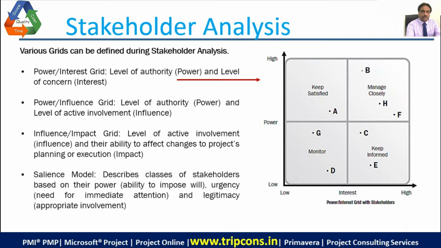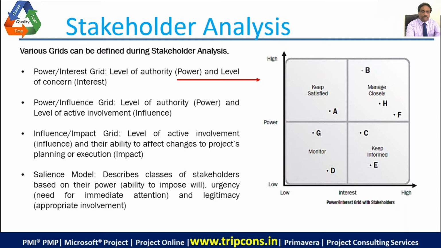In it, the level of authority, that is the power, and the level of concern, the interest, are plotted. Now if you look at this grid, this is a 50-50 grid. The interest is divided into 100%, and the power is also defined as 100%. So we take the scales and then we analyze them.